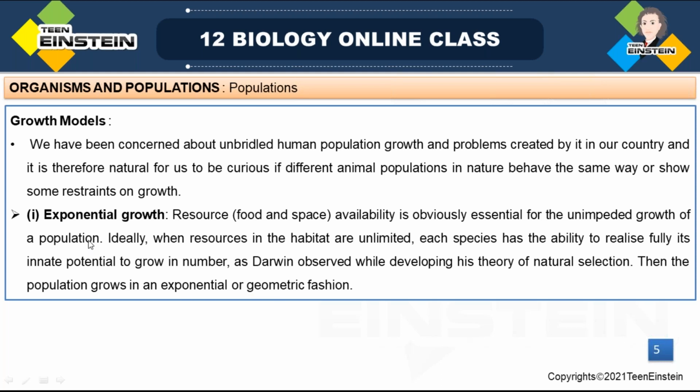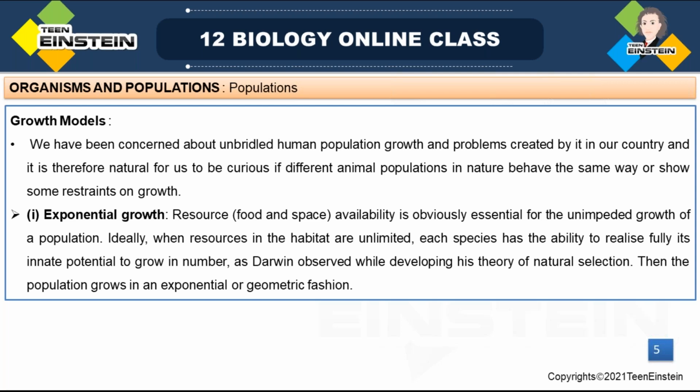This exponential growth occurs when resources like food and space are unlimited. If these resources are available in unlimited amounts, then you can see exponential growth, or geometric fashion of growth, in a population.